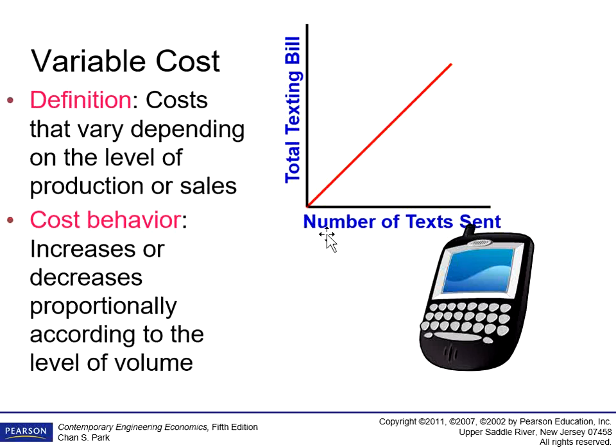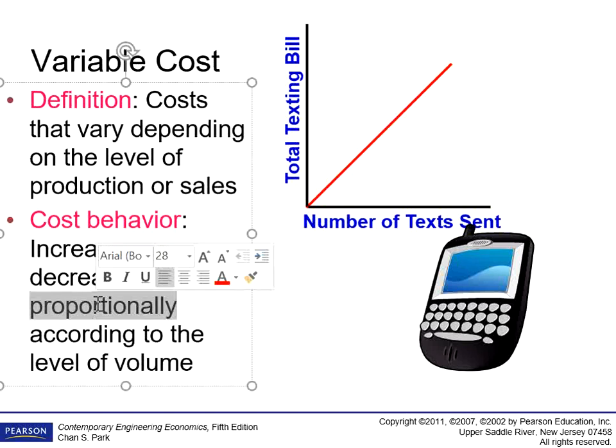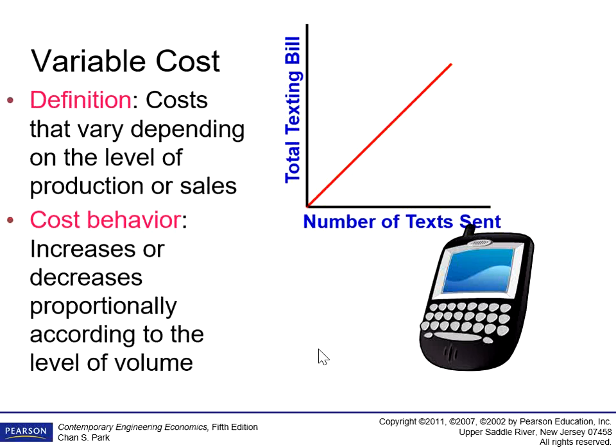If we send 0 text messages, 0 cost, or if we make 0 phones, 0 material cost, right? So for a variable cost, the cost increases or decreases proportionally according to the level of volume.